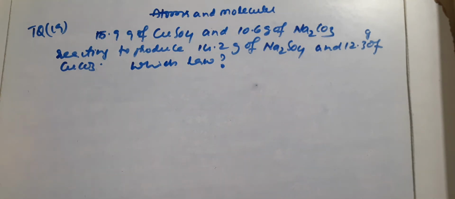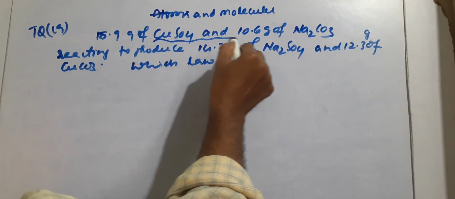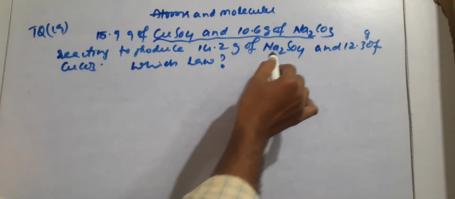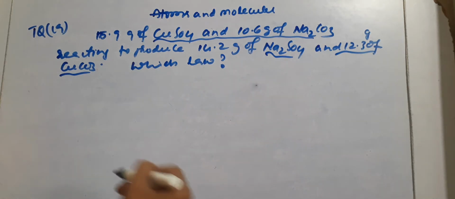Now in this one, we want to understand what the reactants are and what the products are. These two are reacting with each other in the chemical reaction, so they are reactants, and these two are formed as the new substances, so they are products. Reactants are substances which participate in the chemical reaction. The new substances which are formed in the chemical reaction are called products.